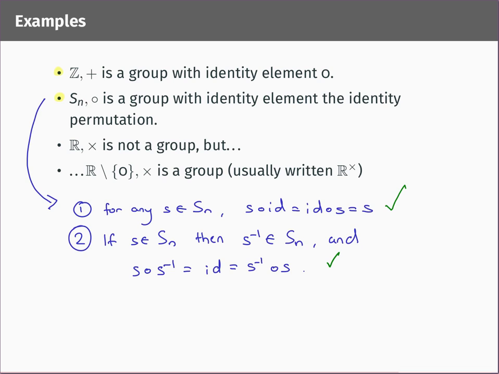And finally, usually the hardest or the trickiest axiom to check is associativity, because it's a property of 3 different elements of your would-be group. But here it's very easy because we know that function composition is always associative. So this one we get for free.